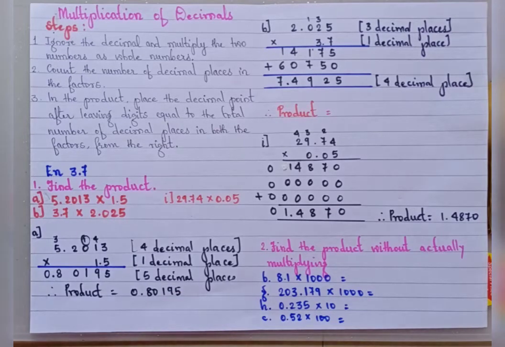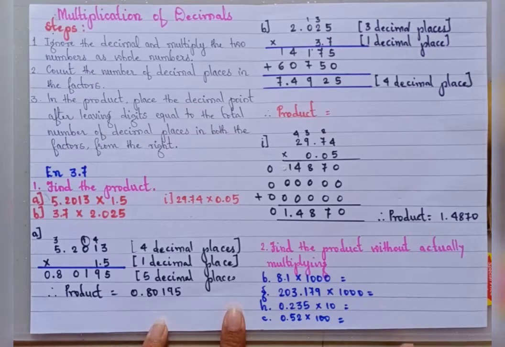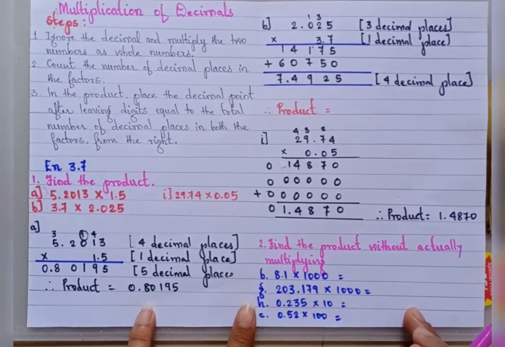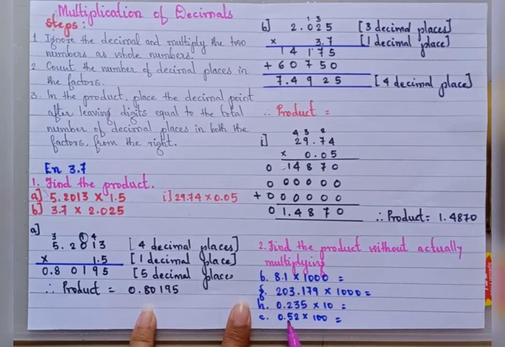Now let's see the next question. Find the product without actually multiplying. So here we are having 4 sums. So let's learn how to multiply without carrying out column multiplication. Whenever we multiply a decimal by 10, 100 or 1000, the decimal point will shift to the right side by the number of zeros.